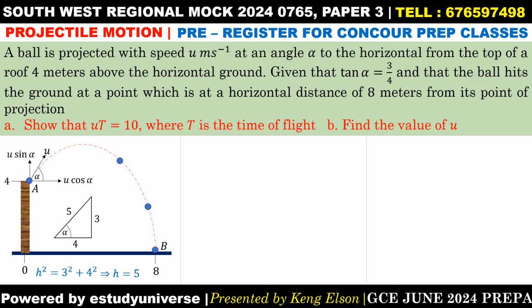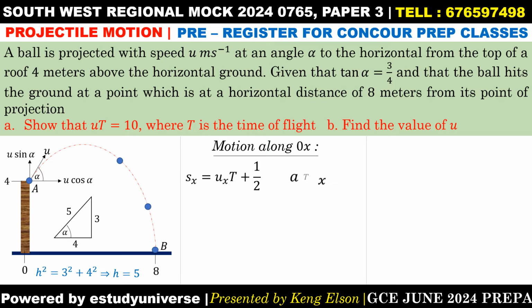So if we are dealing with the horizontal, then we can talk about the motion along OX. All right, so OX is my horizontal. So if I analyze the motion along the horizontal, I need to deal with distances because I know the total horizontal distance traveled, and the time to travel that total horizontal distance is the time of flight.